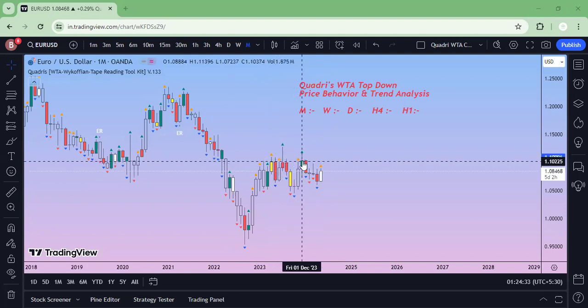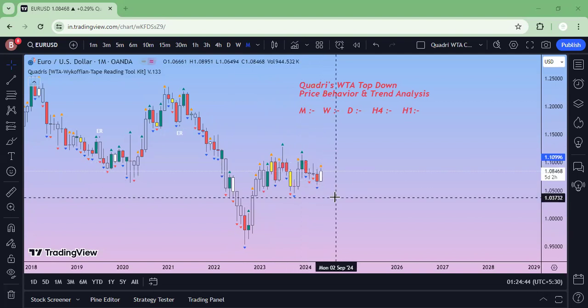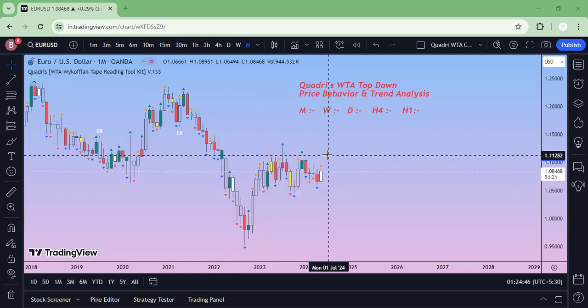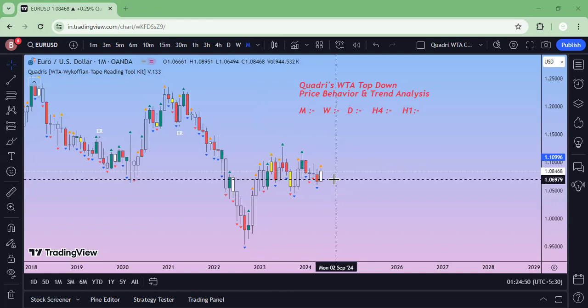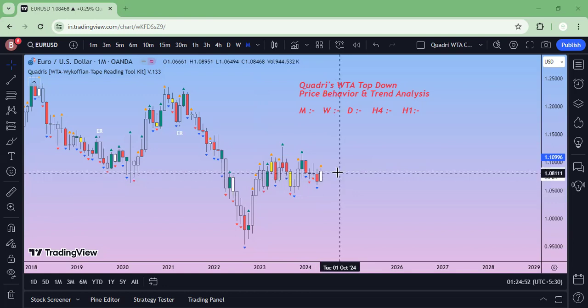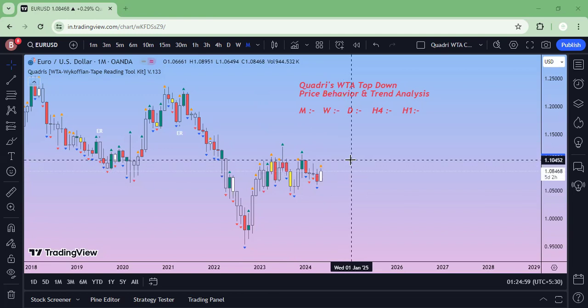So if this is not distribution, if it is accumulation or reaccumulation, then it has to prove itself. Before going up, there is a chance the price might come downwards and then make an upward journey. But for both the points, I'm expecting price to be above 1.07, and if it holds that level in the coming 5 days, we can see 1.10 or 1.11.